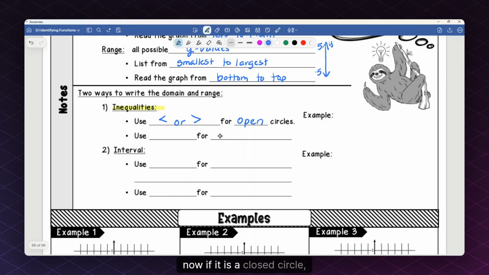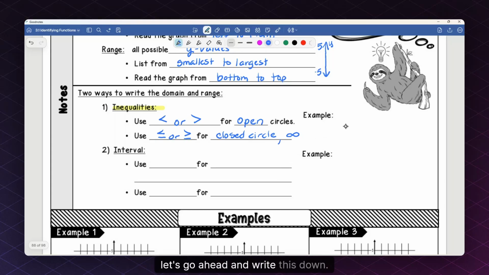If it is a closed circle, we can do less than or equals and greater than or equals. This would also apply to infinity, negative infinity or positive infinity.